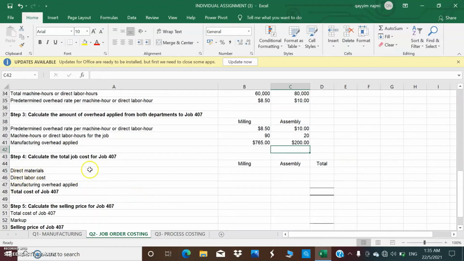Step 4: calculate the total job cost for job 407.